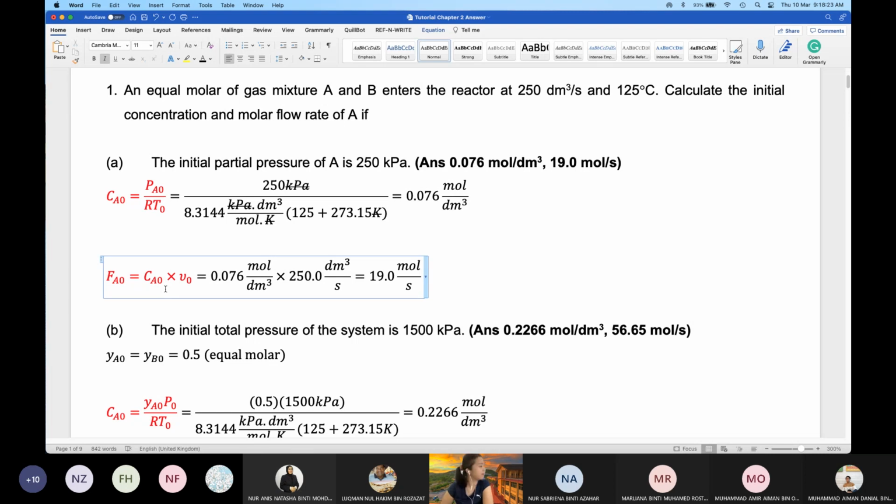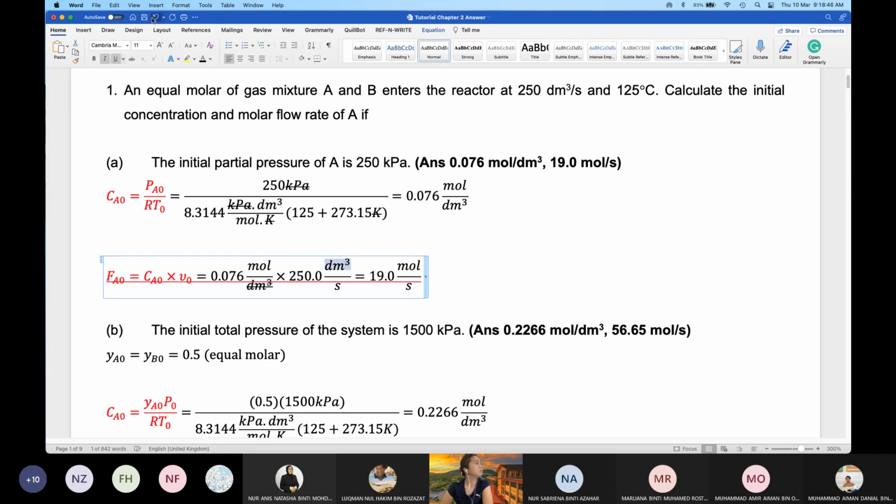So let's multiply. The initial concentration we get from the part above is 0.076 mole per dm cube. We multiply with the initial volumetric flow rate, 250 dm cube per second. You can see that I can cancel the volumetric unit.